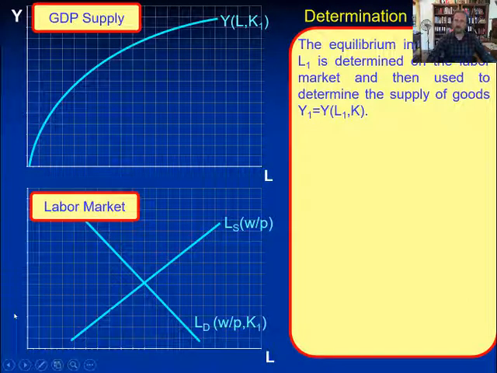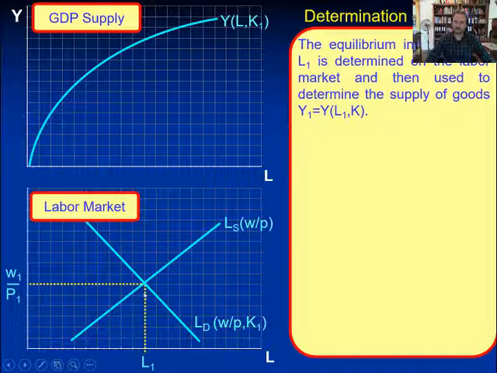So this is the diagram of the production module. We determine on the labor market the equilibrium real wage rate. We use this wage rate then to determine labor input. In the production function, the capital stock comes from the previous period.